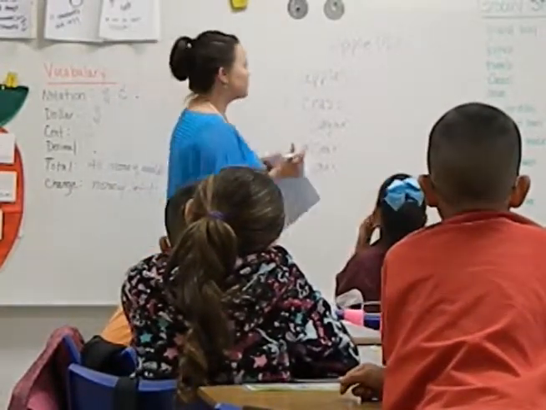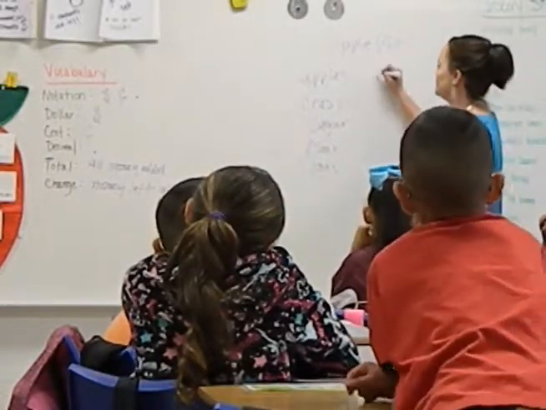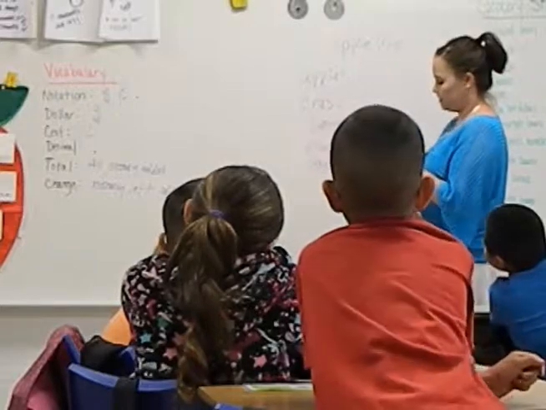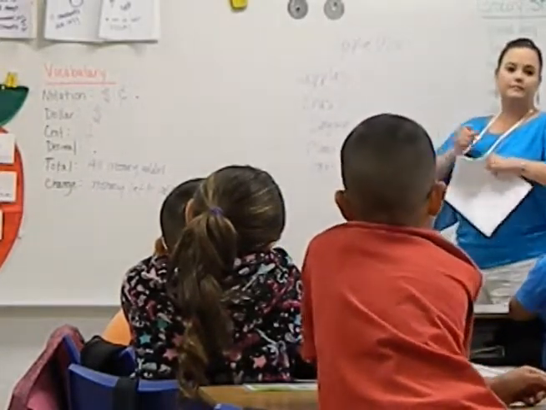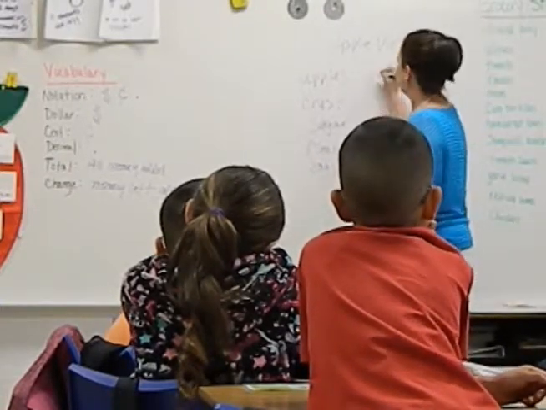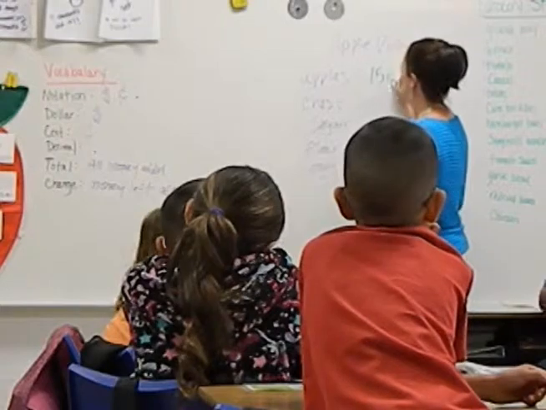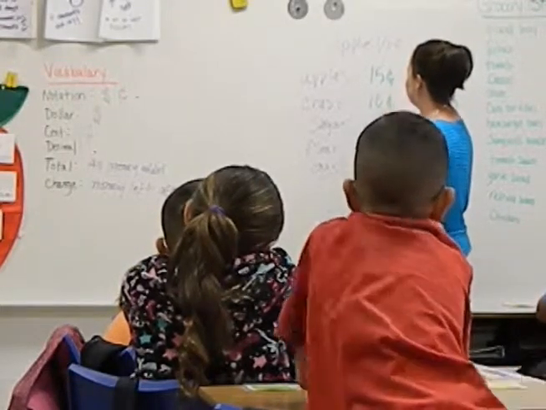So, let's say apples cost 15 cents. I'm giving you an example. The crust, we'll say, is 10 cents.